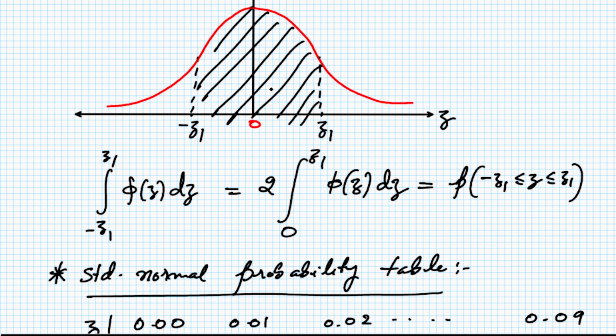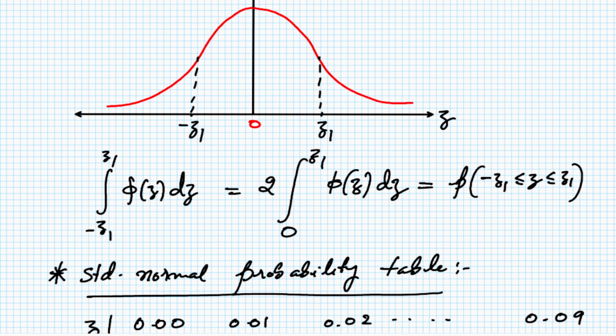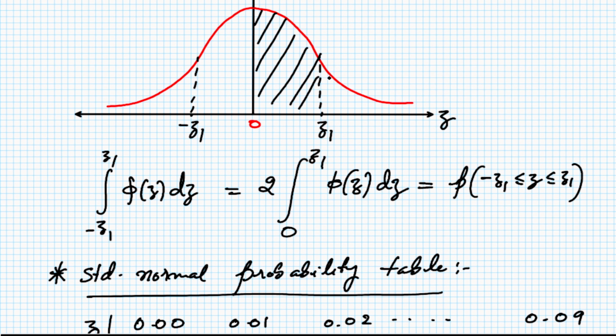Why? Because I am integrating phi of z between two values, which means you find the area between those 2 points along the x-axis and the curve. Now, is it necessary to calculate the whole integration? No. Calculate only one half, that is 0 to z1, and the remaining one will be the same, so simply multiply by 2.